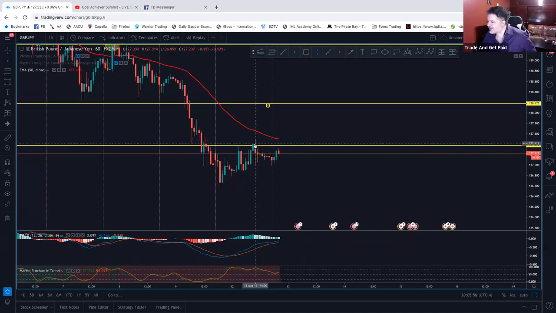It faked me out, and wham, came back down. What would have been better is to wait for it to close, like this one did. It closed, but then I need a confirmation. And this one came back down and touched it. That could be the confirmation. Some people get in just when it touches it, but I'd rather see it close. Had I followed my rules, I would not have lost any money there, because I would not even have gotten in, since that next candle broke right through and faked me out, bottom line.